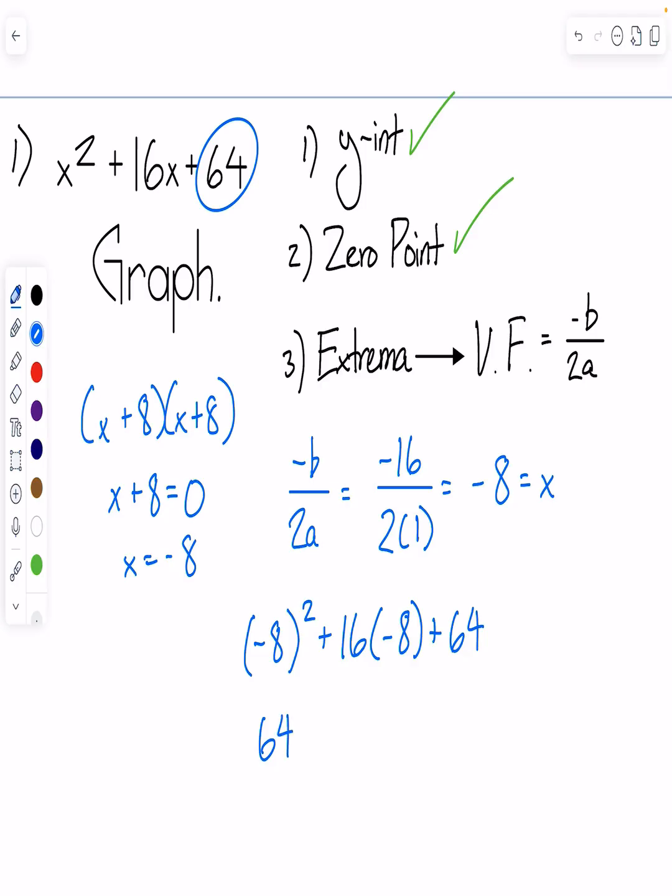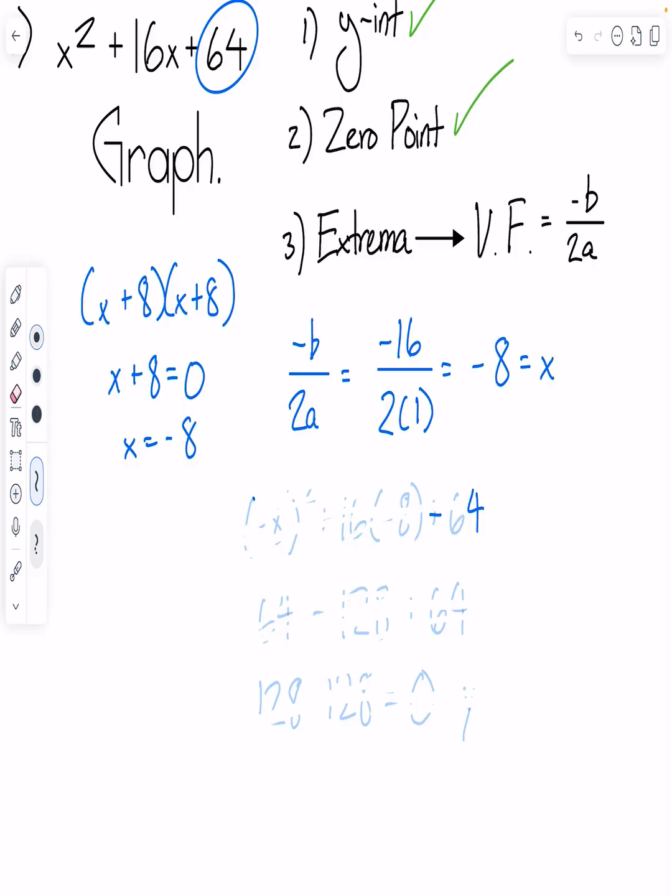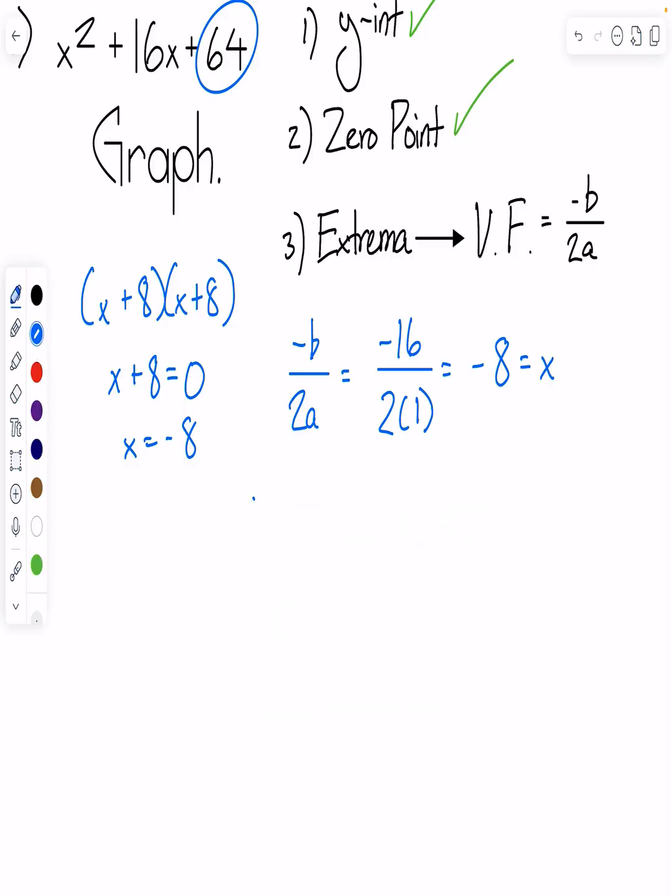That's 64 plus 16 times negative 8 is negative 128, and then plus 64. All right, so we combine 64 and 64, that's 128 minus 128. The corresponding y value is at 0. All right, so that is where our extrema value is. It's at the point negative 8, 0.